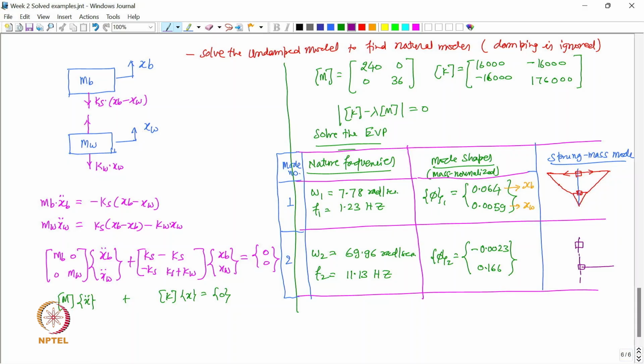So, this is going to move here at this time. It means that at this instant this is the mode shape or the deflection shape, and on the other side the shape is like this. So, motions are out of phase. So, this is called unsprung mass mode.